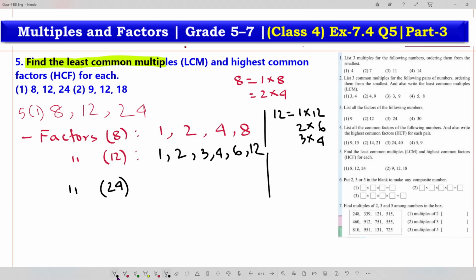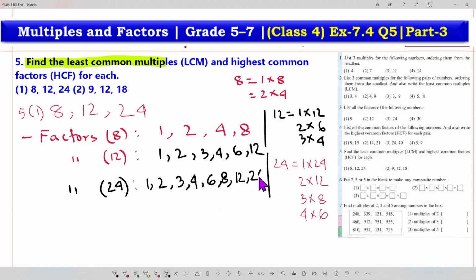Let's find out. 24 we can write like 1 times 24, 2 times 12, 3 times 8, 4 times 6. So we can write here 1, 2, 3, 4, 6, 8, 12, then 24.